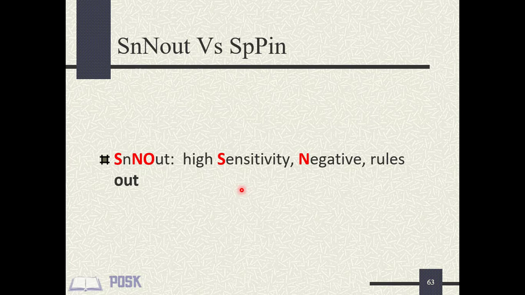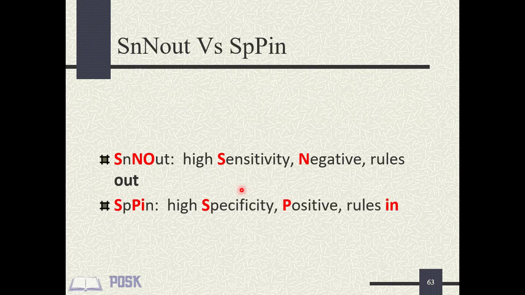The first is SNOUT, S-N-N-O-U-T, which means high sensitivity negative rules out. A highly sensitive test can be useful for ruling out a disease if a person has a negative result. For example, a negative result on a pap smear probably means the person does not have cervical cancer.